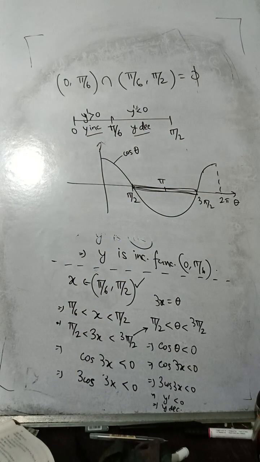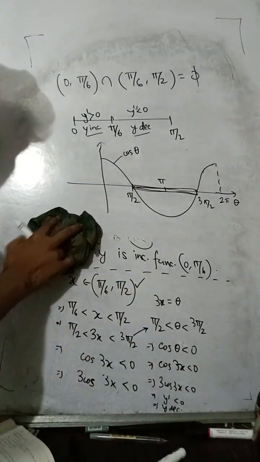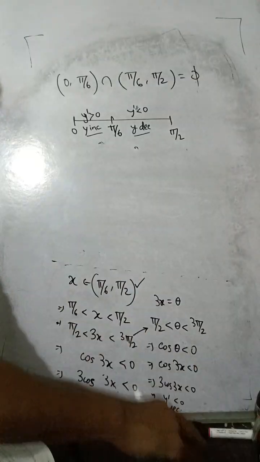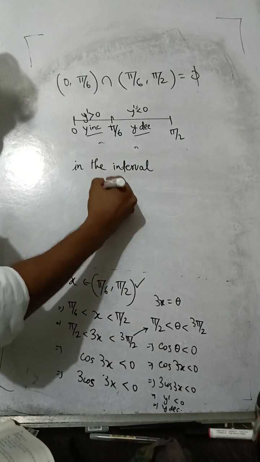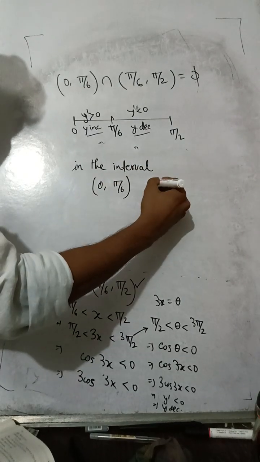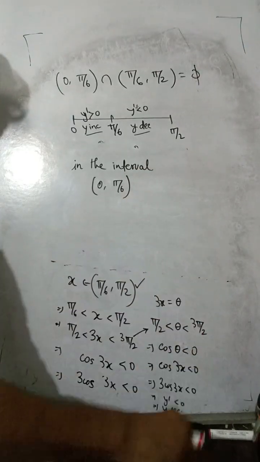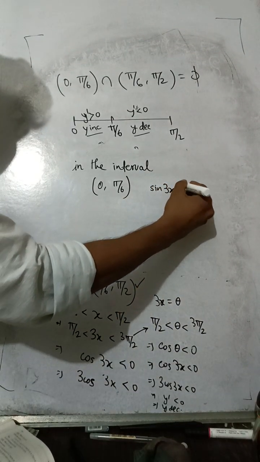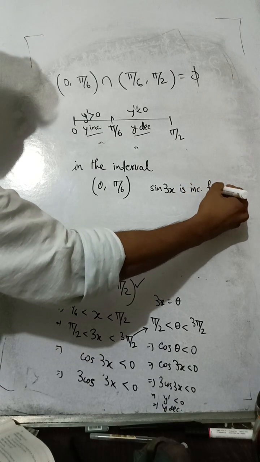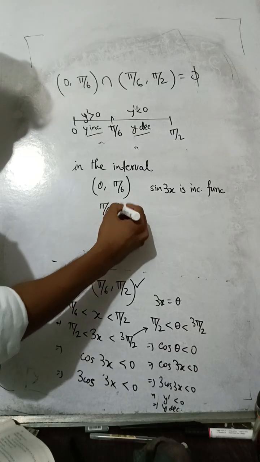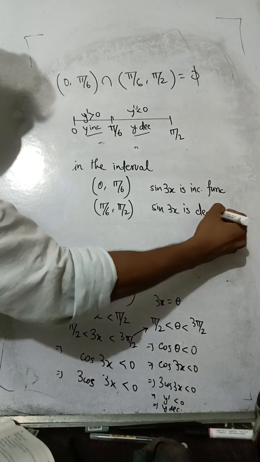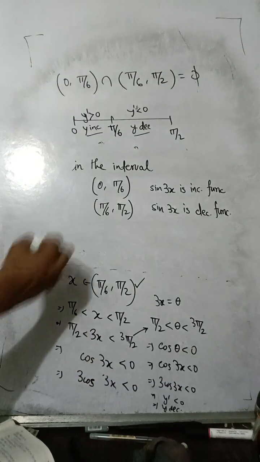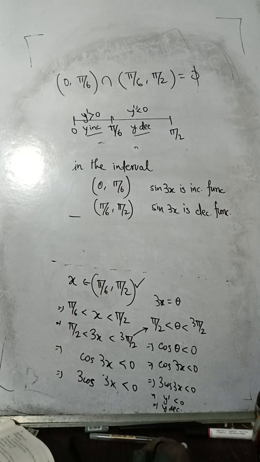So in the interval 0 to pi by 6, sine 3x is an increasing function, and in this region sine 3x is a decreasing function. That's it.